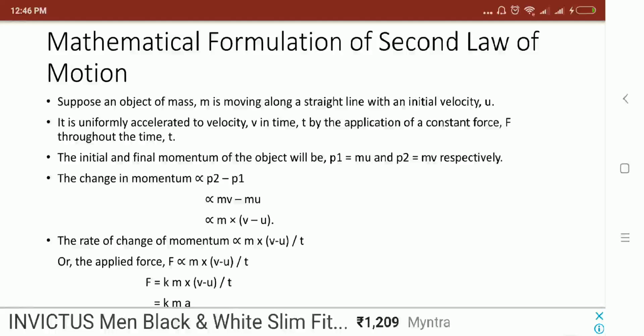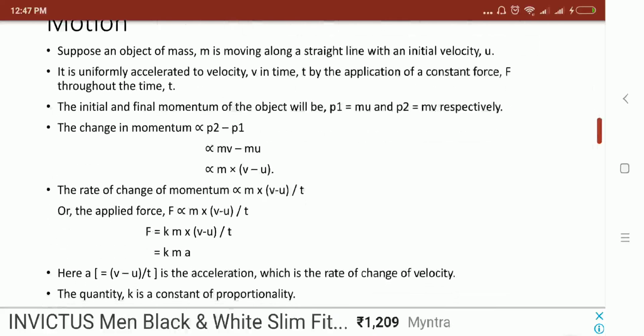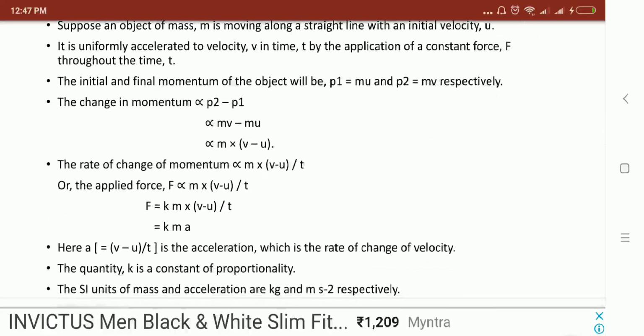And the rate of change of momentum, that is force, based on Newton's second law. So rate of change of momentum, that is P2 minus P1 by t, that is m into v minus u by t, is the force. If we remove the proportionality and replace it with the constant k, that becomes F equal to k into m into v minus u by t.